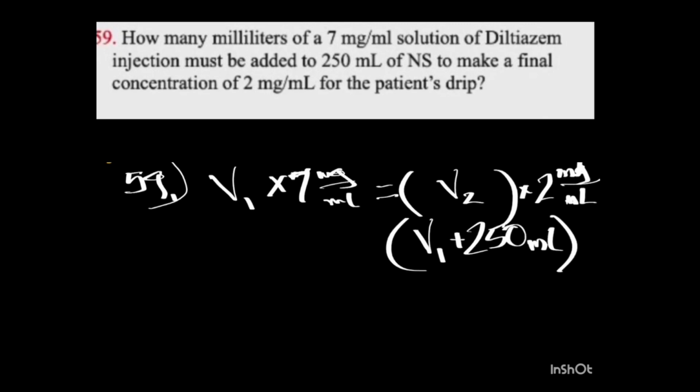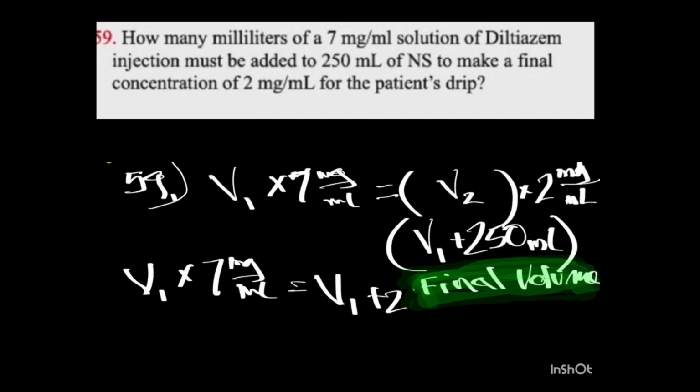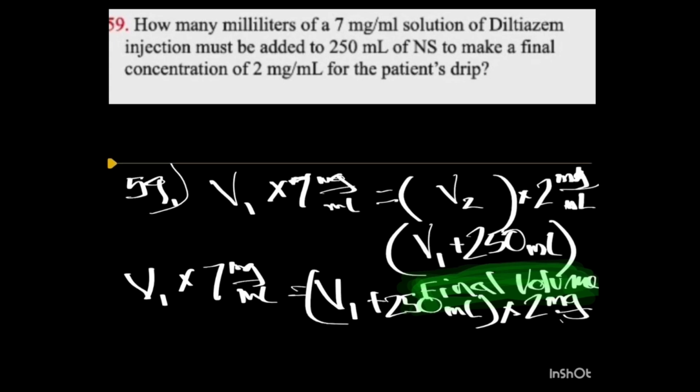That V1 plus 250 mLs represents the total or final volume. So I'm going to rewrite this now so that I only have one unknown.